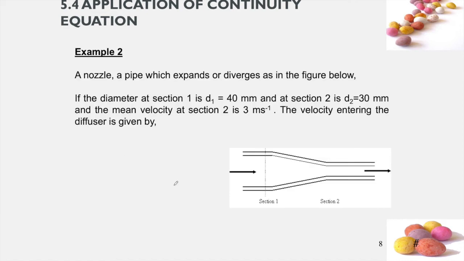So let's take a look at this example. This is a nozzle where there is a different cross-section area for section 1 and section 2.